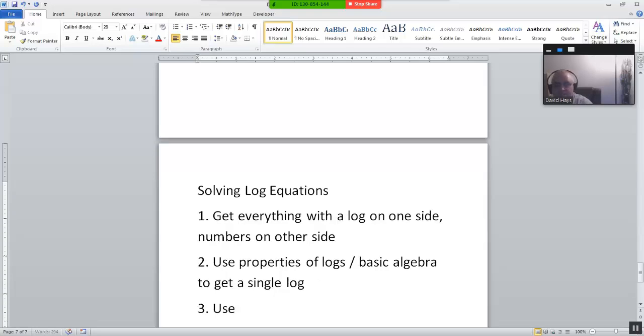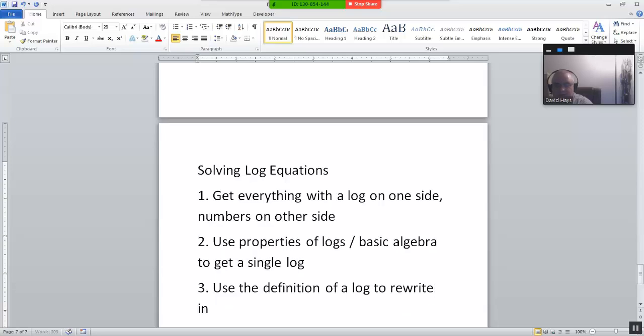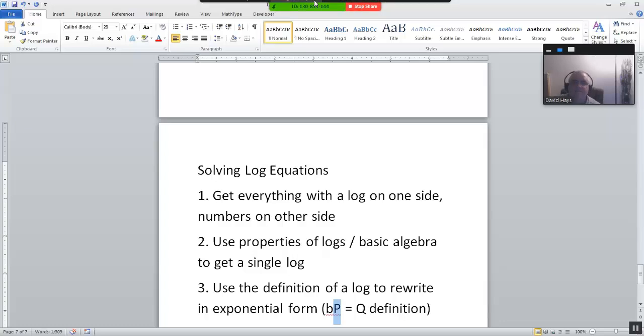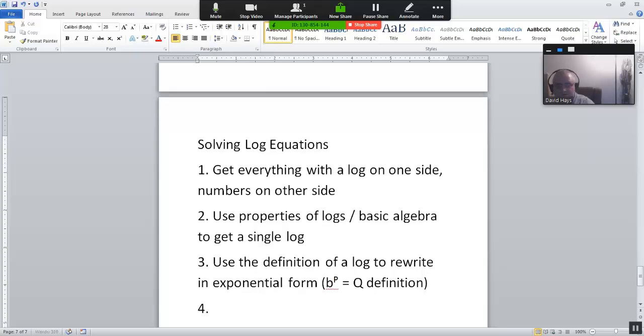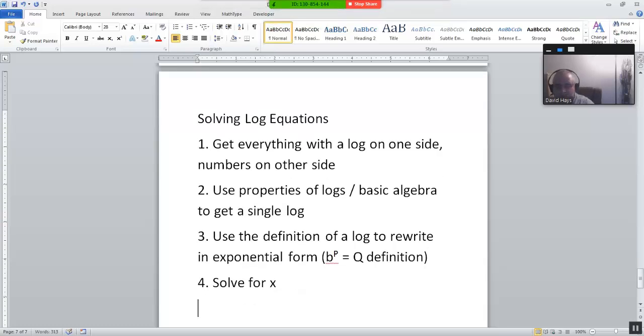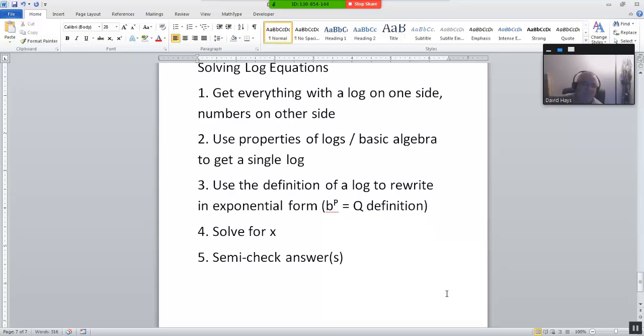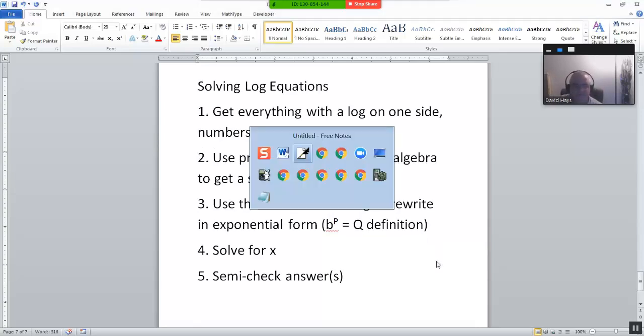Step 3, use the definition of a log to rewrite in exponential form. This is the b to the p power is equal to q definition. Step 4 is solve for x. And step 5 is to semi-check your answer. We'll talk more about that, but we don't need to fully check it.